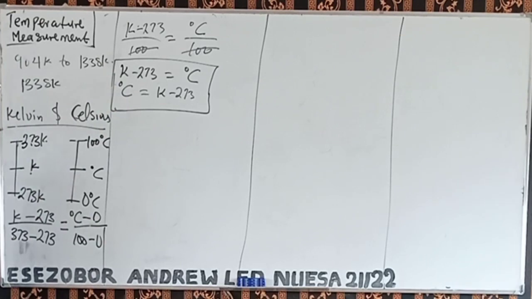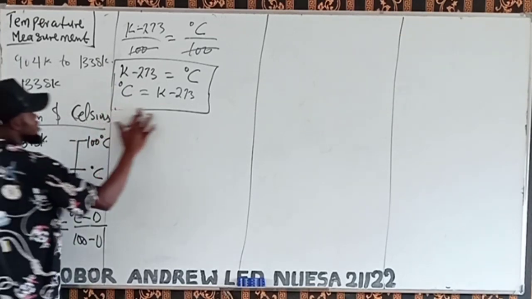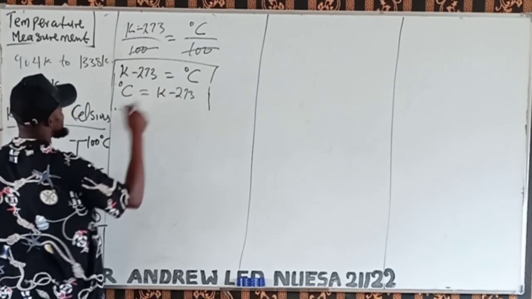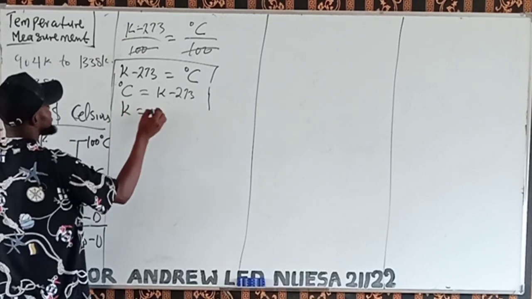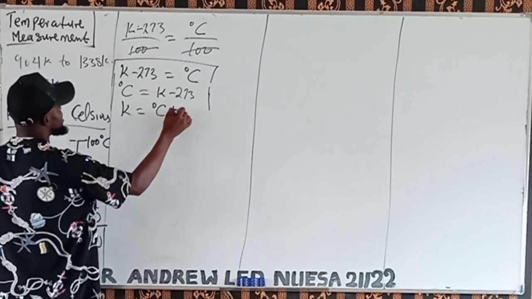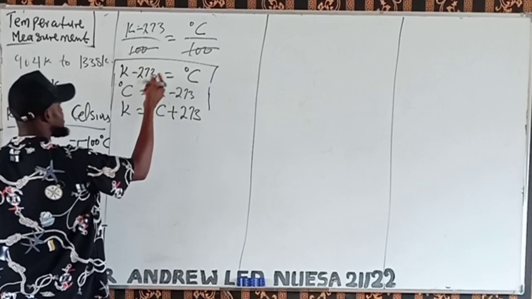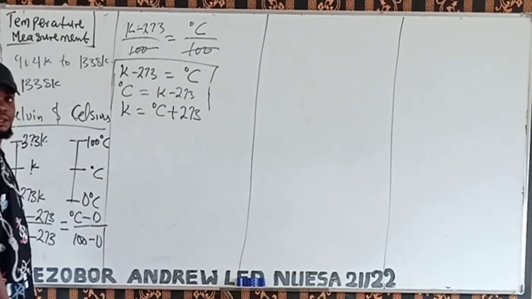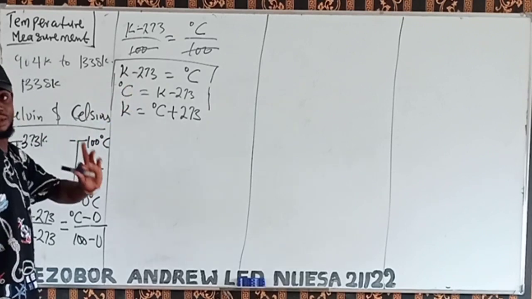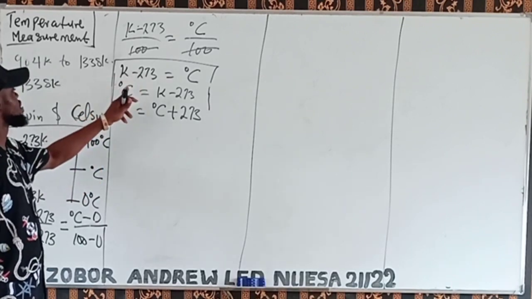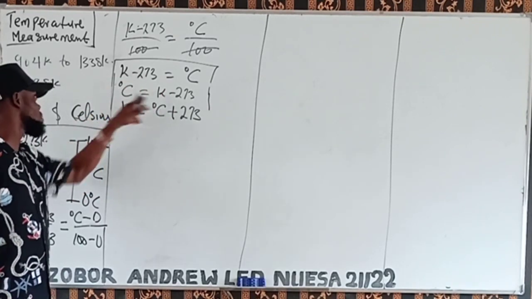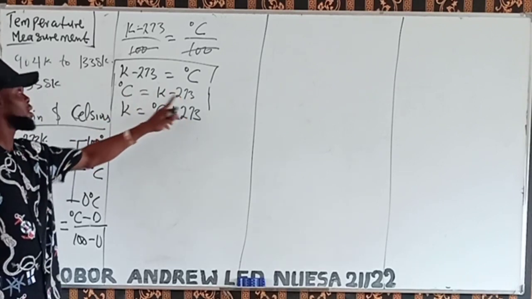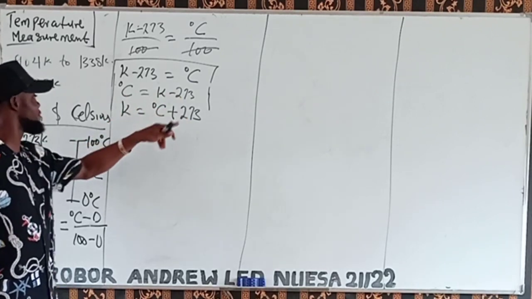You can also write it this way: if you move 273 to the other side, Kelvin is equal to degree Celsius plus 273. Look at it, it's very, very important. If I want to convert from Kelvin to Celsius, you remove 273. If I want to convert from Celsius to Kelvin, add 273.